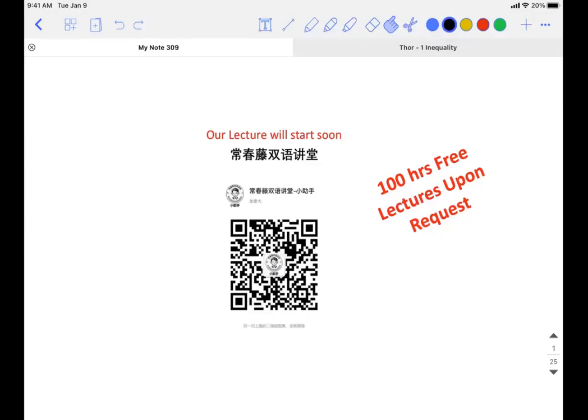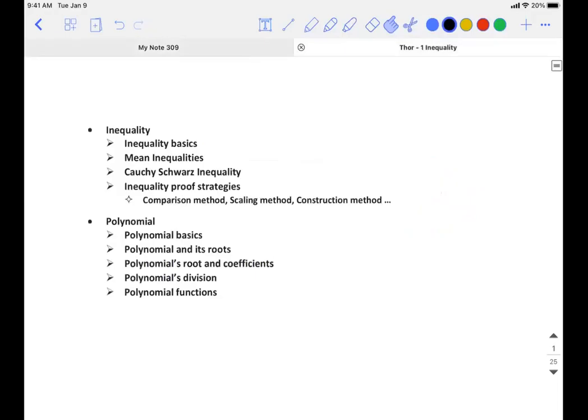At this moment, you are within our concepts-based lectures, session number 7. In these 10 lectures, we're going to be talking about inequalities and polynomials. These are two very important concepts in algebra. A lot of students might already have some exposure to inequalities and polynomials.